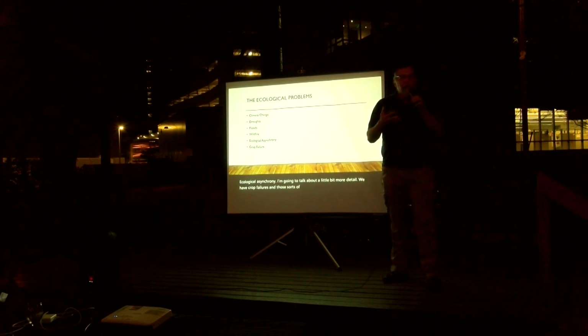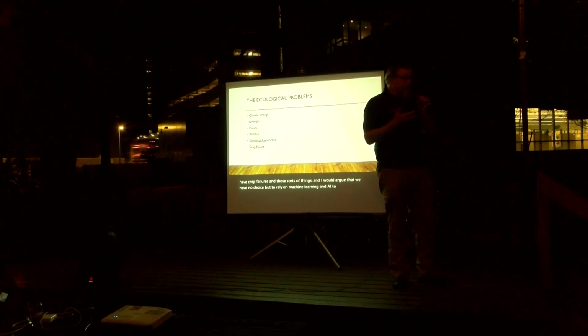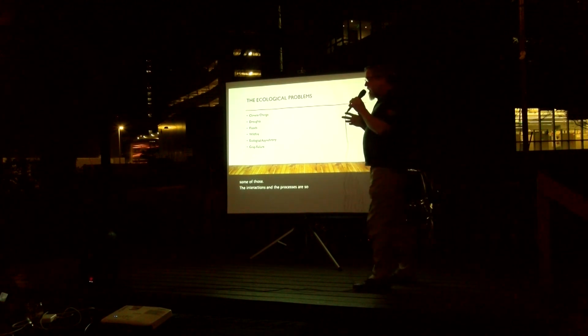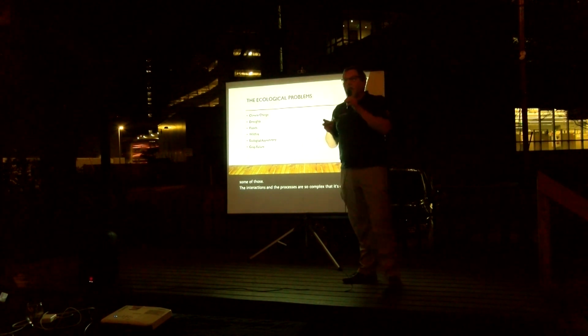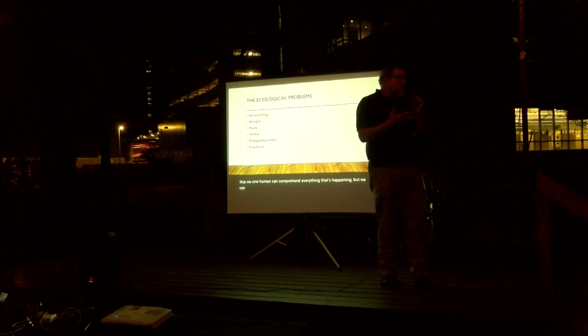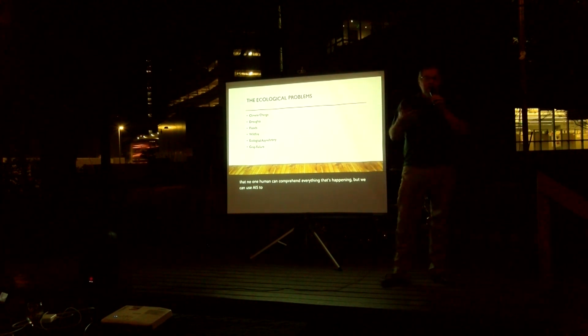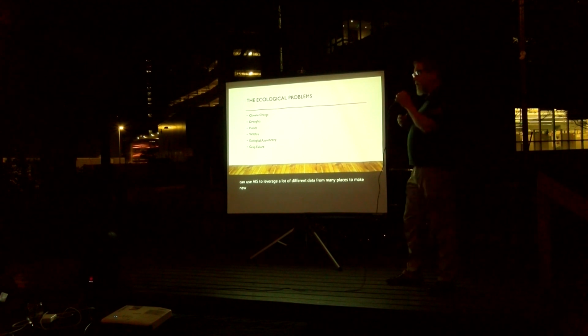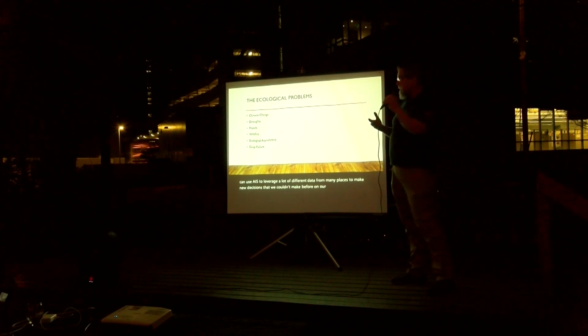And I would argue that we have no choice but to rely on machine learning and AI to help us with some of those. The interactions and the processes are so complex that it's often the case that no one human can comprehend everything that's happening. But we can use AIs to leverage a lot of different data from many places to make new decisions that we couldn't make before on our own if we hadn't used machine learning.